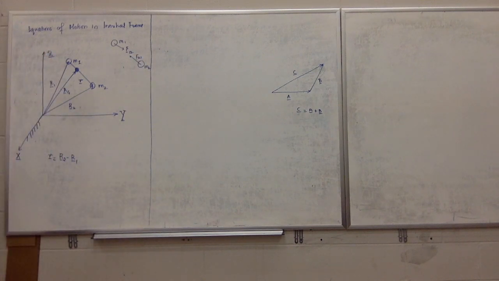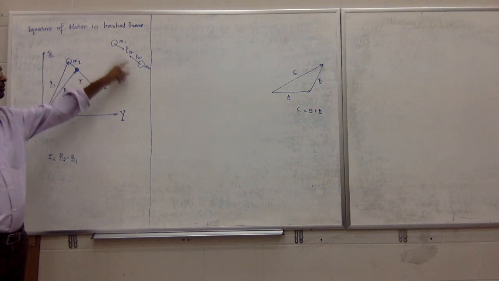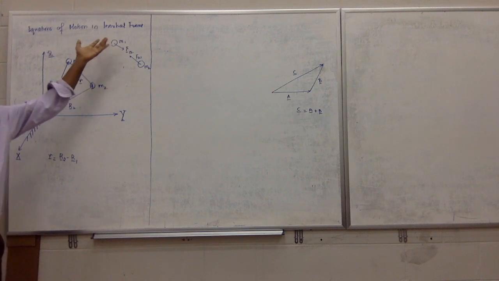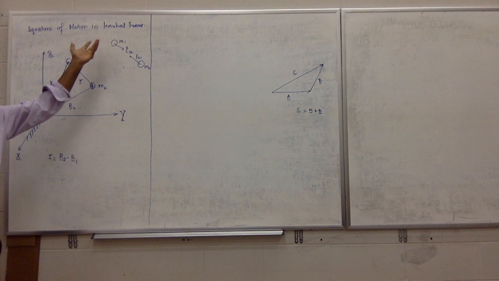What could these be? The force of M1 going towards M2. This is the gravitational force. This body attracts this body, and this one attracts that one. And F12 is equal to F21, right?